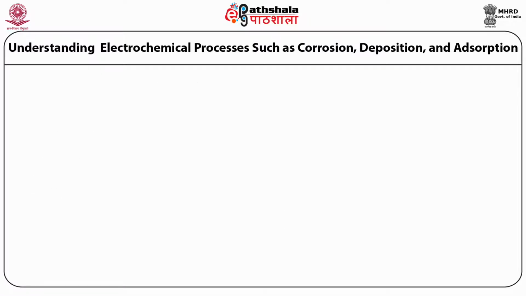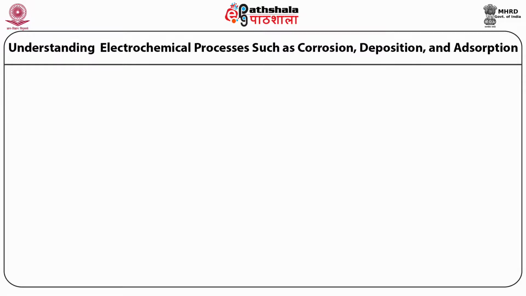Now, as we said, it finds a great number of applications in the area of corrosion, and when one looks at the kinds of corrosion that one comes across, you have a variety of corrosion forms, which includes electrochemical corrosion, uniform corrosion, crevice corrosion, filiform corrosion, pitting corrosion, intergranular corrosion.